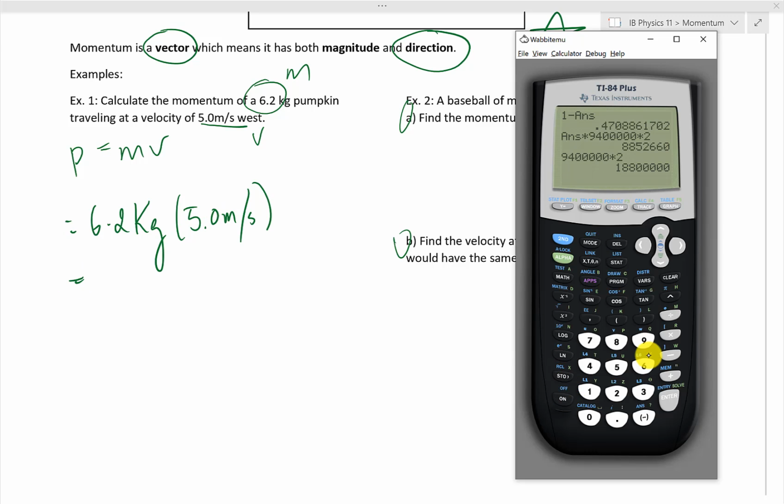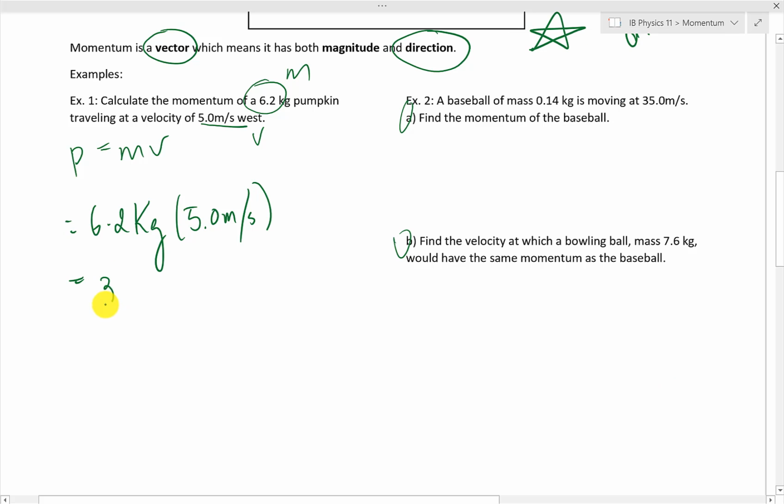Putting that in, 6.2 times 5 gives us 31. And our units are going to be kilograms times meters per second, going to the west. You can also use Newton times seconds. That's fine as well, okay?